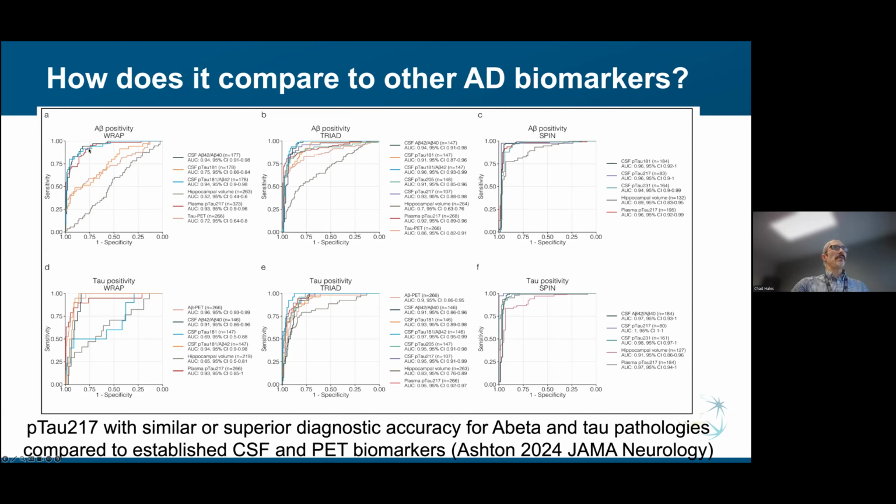And what you can see is that this black line, the light blue line, and the red line, those are several different assays. One is an A-beta ratio, one is a spinal fluid tau to A-beta ratio, and the other is plasma tau 217. And you'll see that the number that we often report here is the area under the curve.